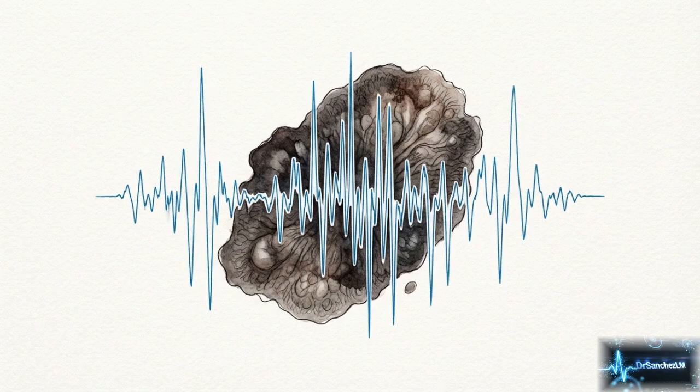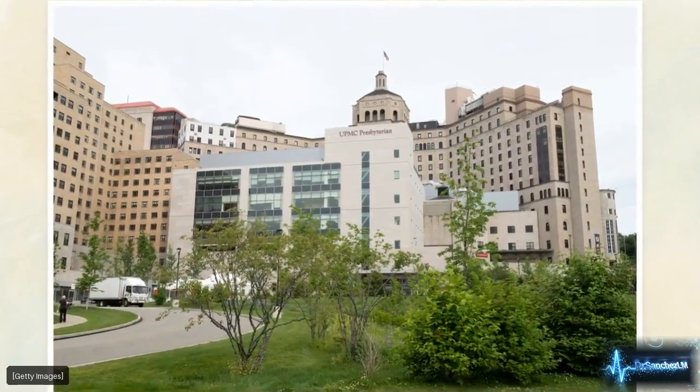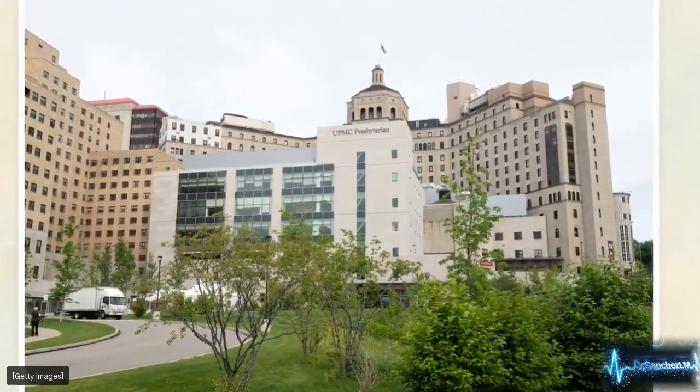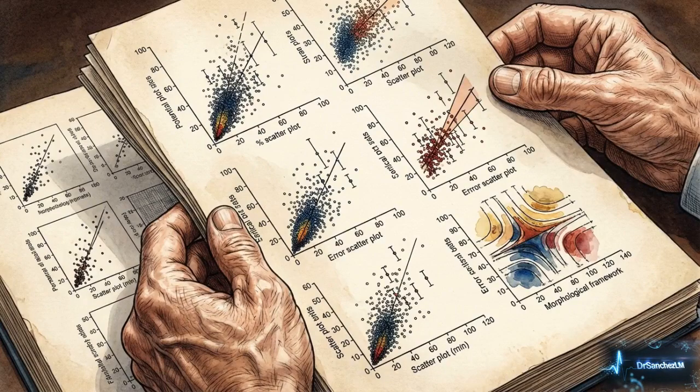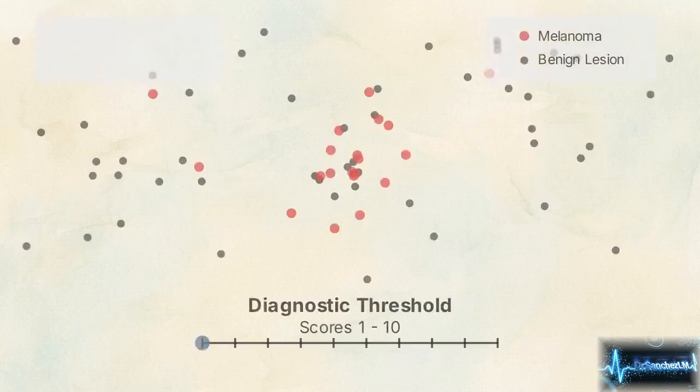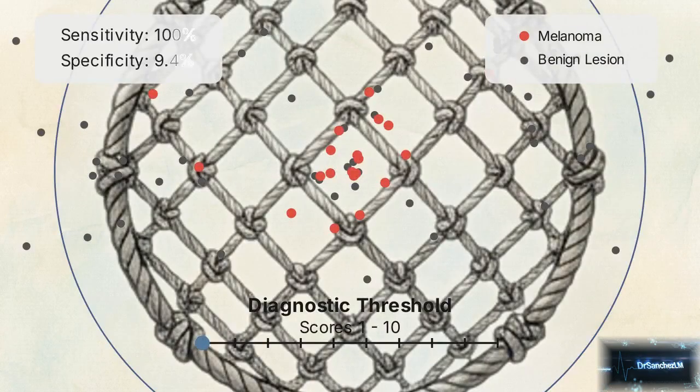An independent study conducted at the University of Pittsburgh Medical Center explored the statistical trade-offs required to engineer a device that misses almost zero cancers. Setting the threshold to catch 100% of melanomas drops specificity to 9.4%, netting harmless lesions.